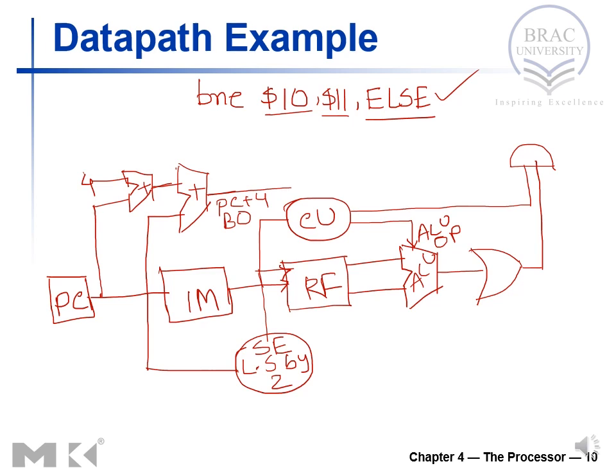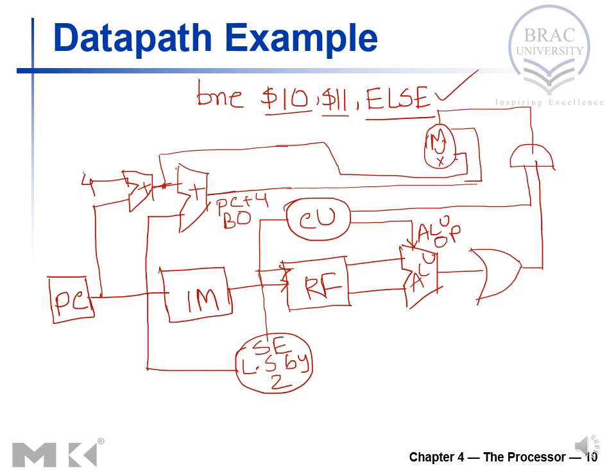Then we'll have a multiplexer here, and this value will go here, and this value will go here, and then this is the multiplexer selector port, and output of the multiplexer will go to the program counter.